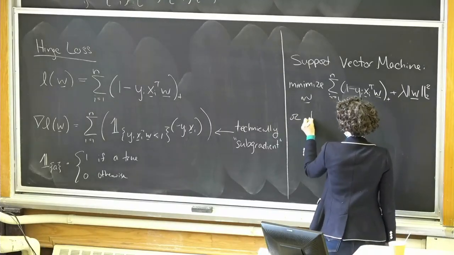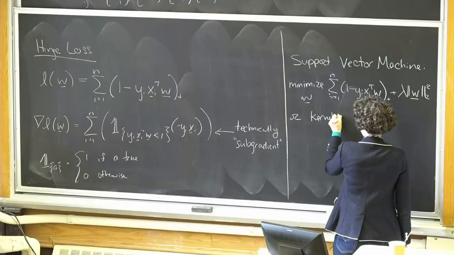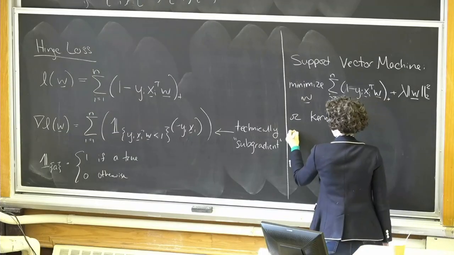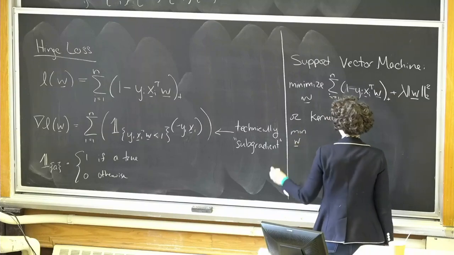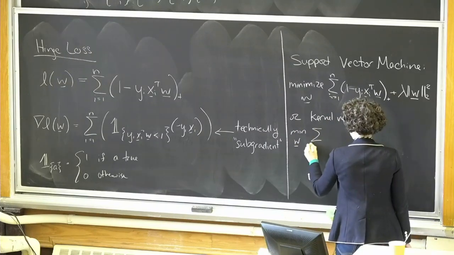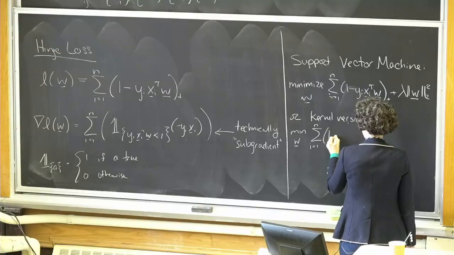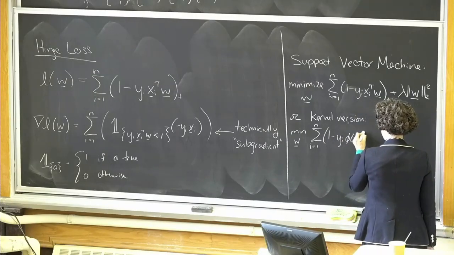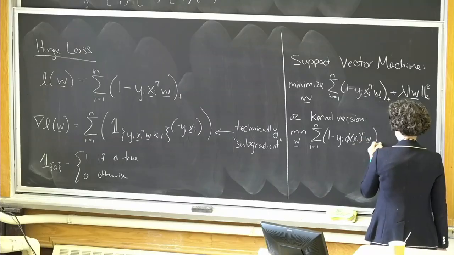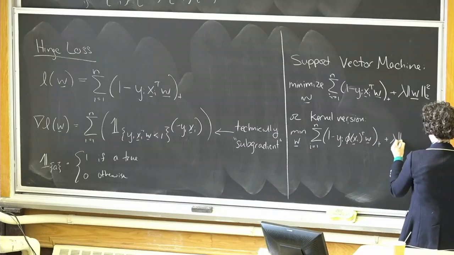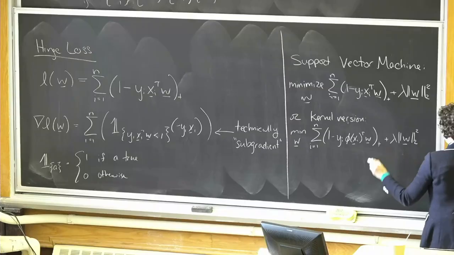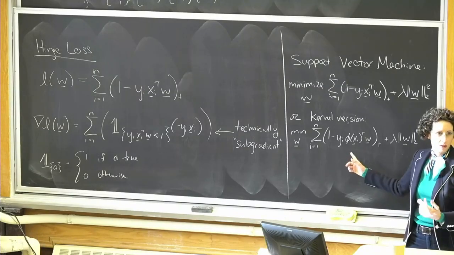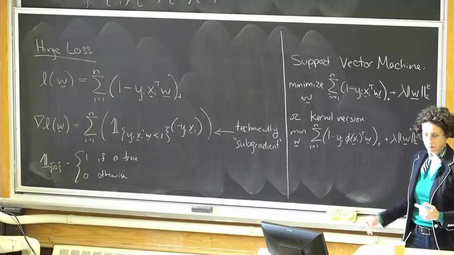Or we could do the kernel version, where we minimize, with respect to W, the sum from i equals 1 to n of 1 minus yi times phi of xi transpose W, positive part, plus lambda times the norm of W. And typically when people talk about support vector machines, they often are implying that they are using a kernel here.